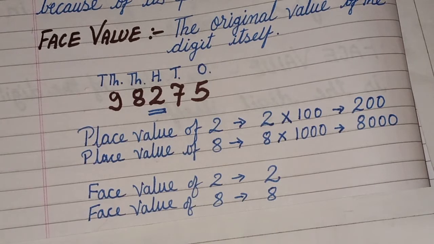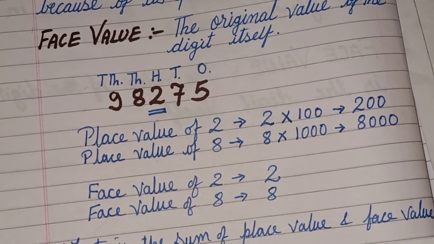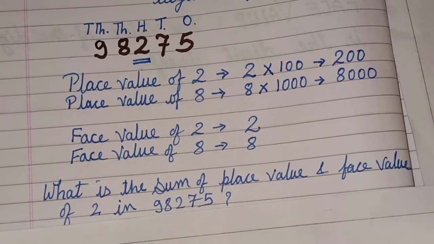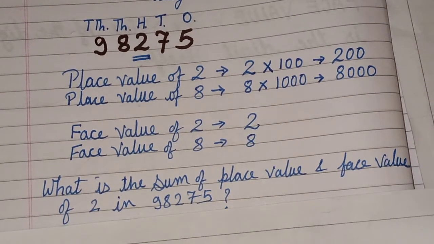Here we have an example: what is the sum of the place value and face value of 2 in the number 98,275?